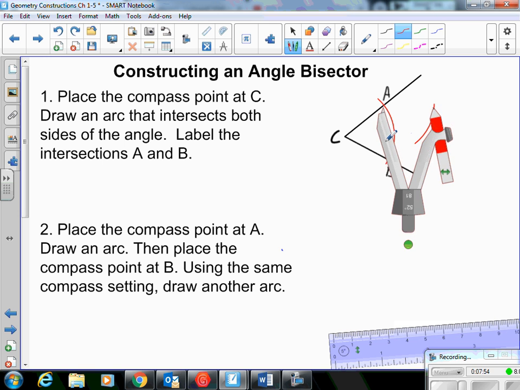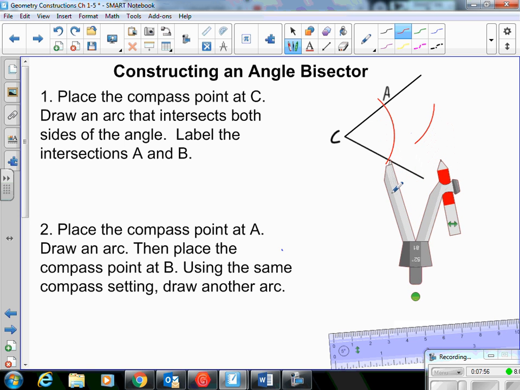And without changing our compass setting, we're going to put our compass point at B down here.